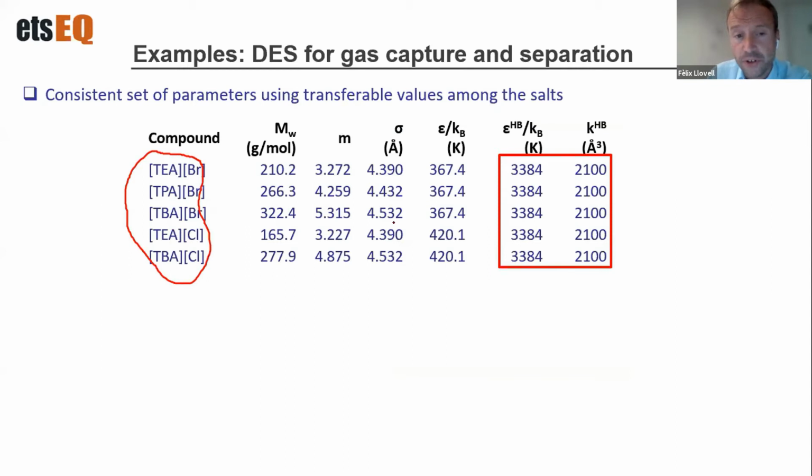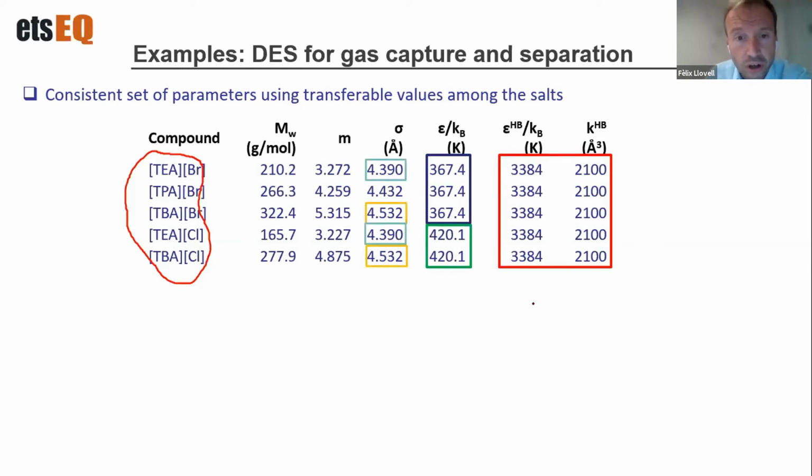Here you can see first that, as far as all salts are relatively similar, including the differences between bromide and chloride, all association sites are kept constant. Also, for bromide, all the dispersive energy values are kept constant, and for chloride, the same is done, because most interactions depend on the strength of the anion.